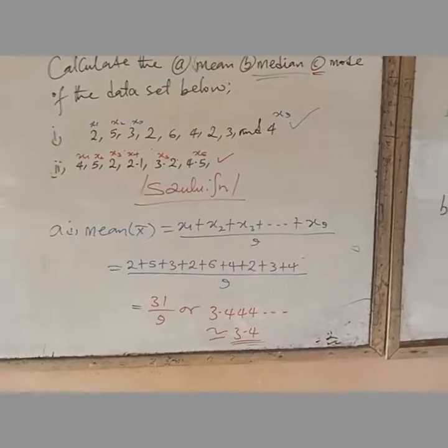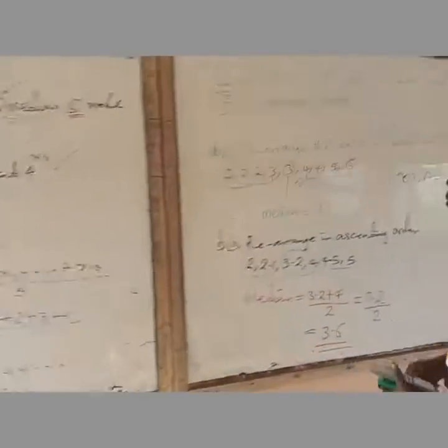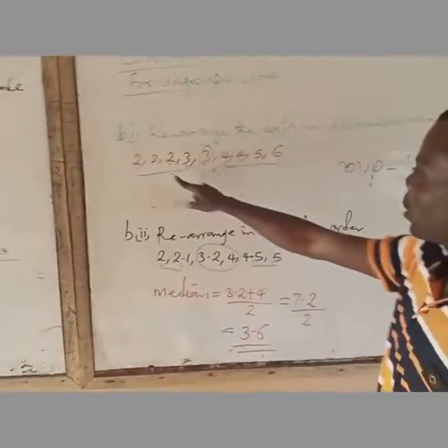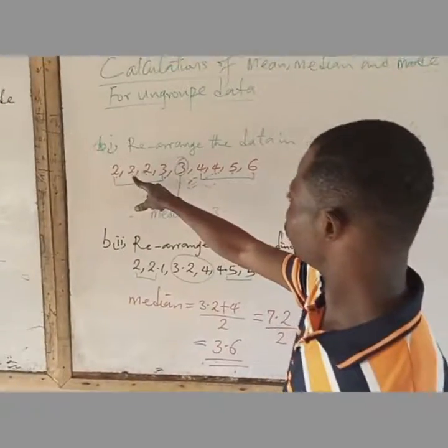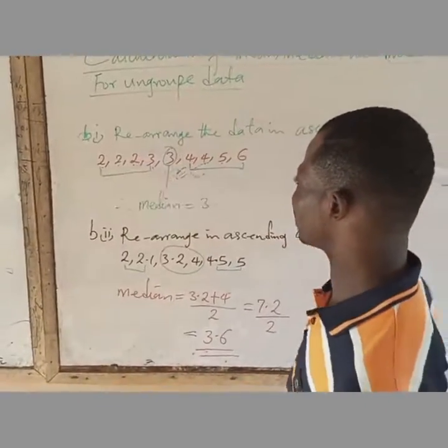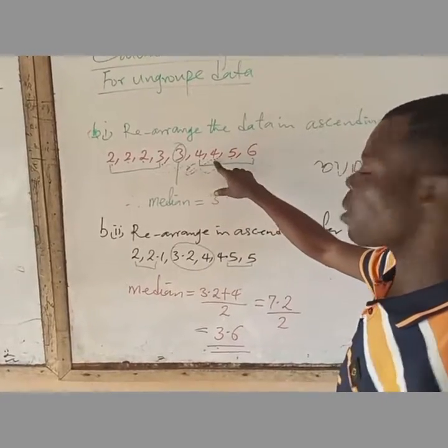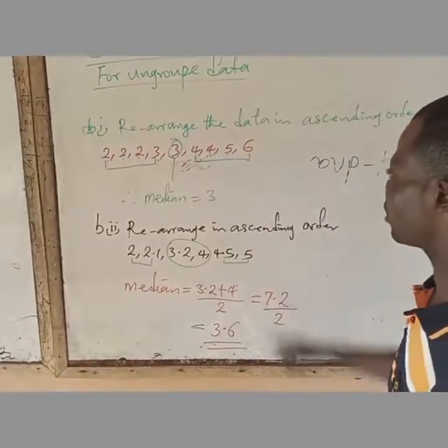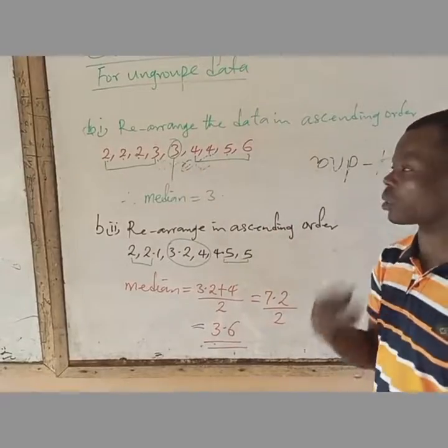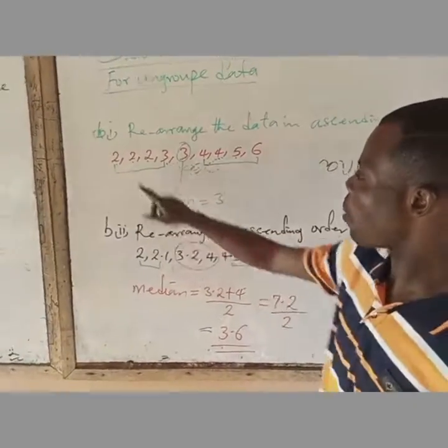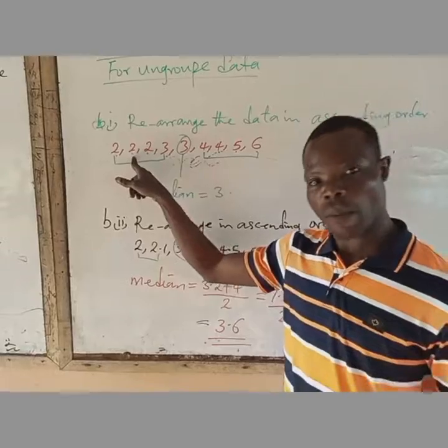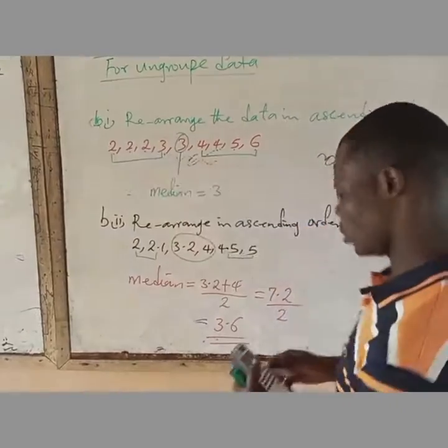So let's go back to the arrangement. We have 2, 2, 2, which is 3 times, 3, 3, 2 times, 4, 4 is 2 times, 5 and 6, 1 each. So the number that appears most here is 2.